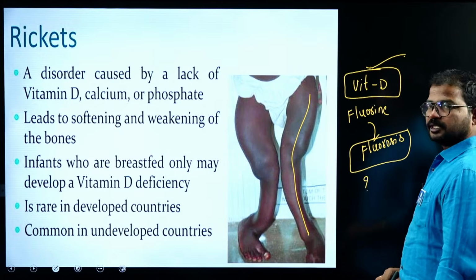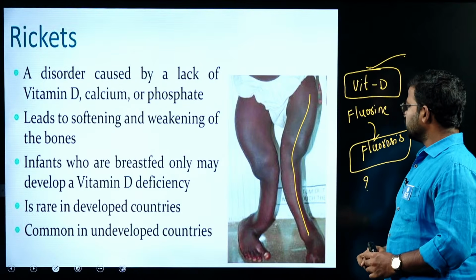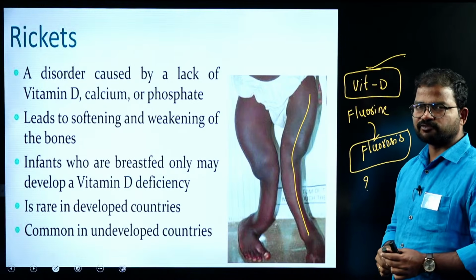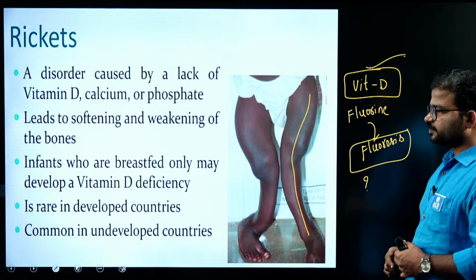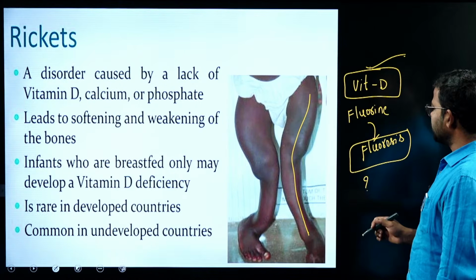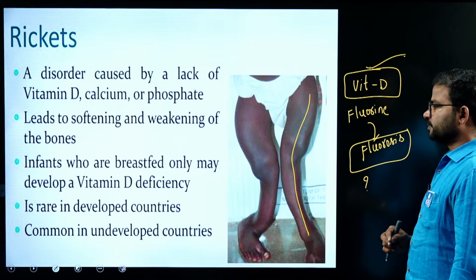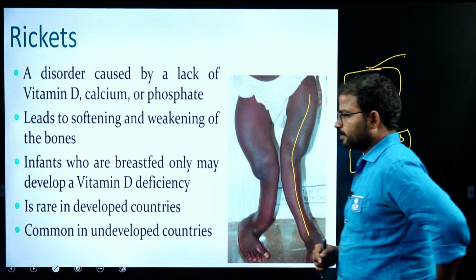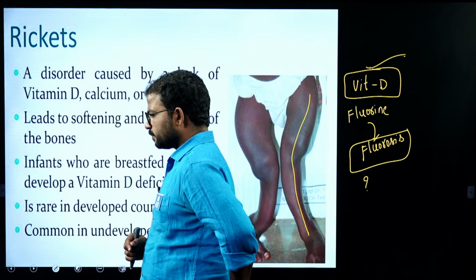Here my question is, at what level of fluorine do we get fluorosis? If the level of fluorine is greater than some value, only then can we get fluorosis. What is the value? Anyone? 5 milligrams per liter.